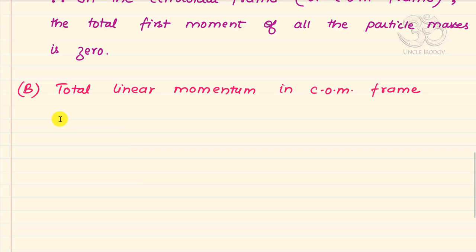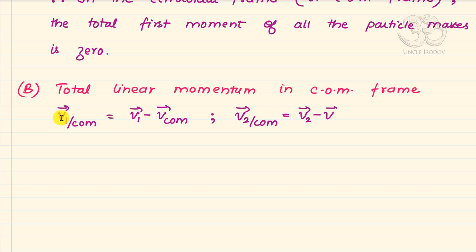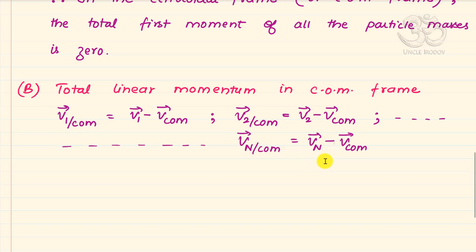So first find v1, the velocity of the first particle in the center of mass frame, and that is v1 minus v center of mass. v2 in the center of mass frame is v2 minus v center of mass, and this scheme will go on till I find vn, the velocity of the nth particle in the center of mass frame, and that will be vn minus v center of mass.